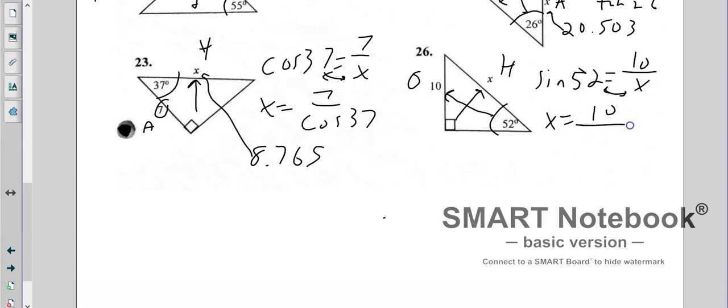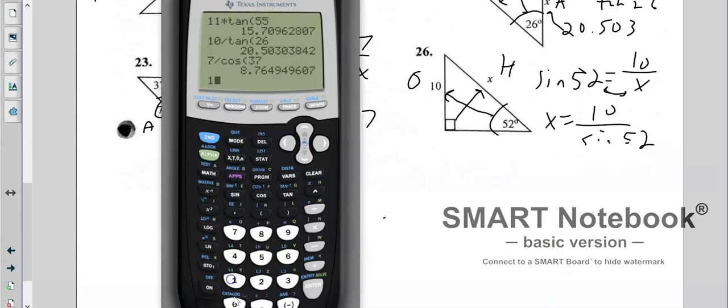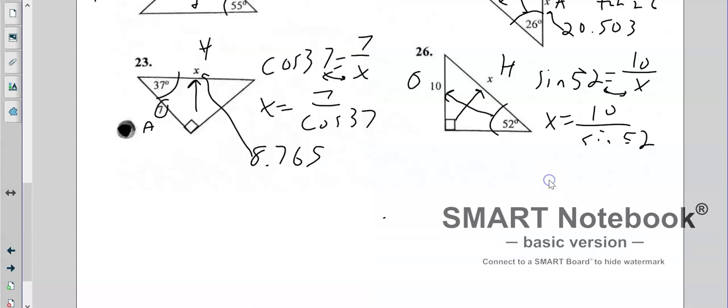X equals 10 divided by sine of 52. Take our calculator. 10 divided by sine 52. 12.690. And again, that makes sense because it is the hypotenuse and it is bigger than 10, so it is the longest side.